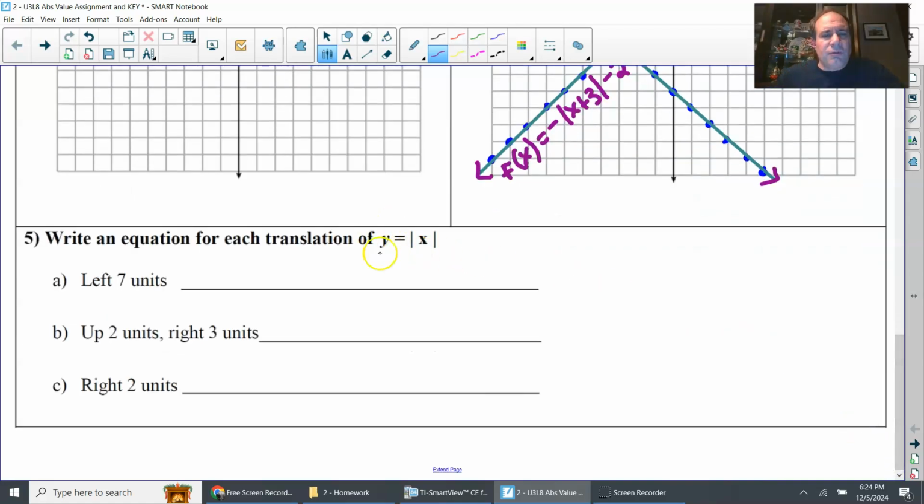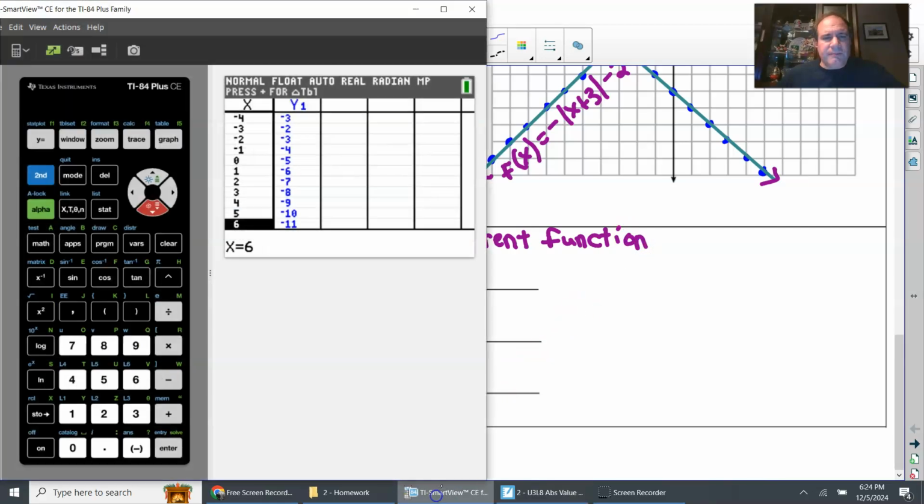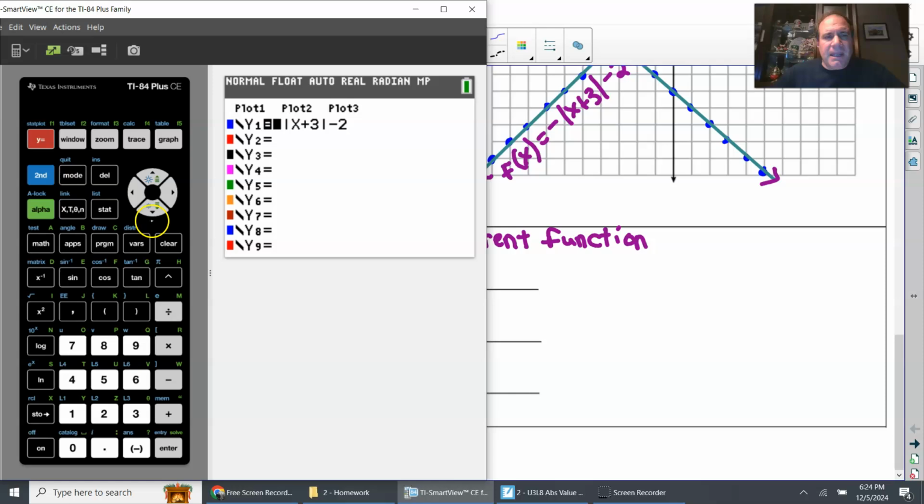So this is called right here, y equals the absolute value of x. That is called the parent function. And the parent function is something that everything is compared to. So if you want to put the parent function in, you have second function catalog and then enter.